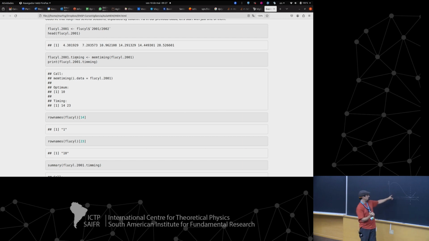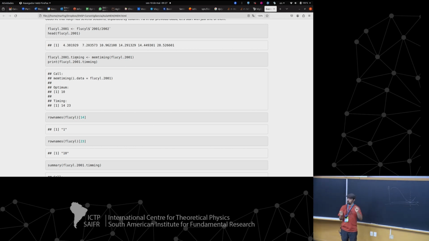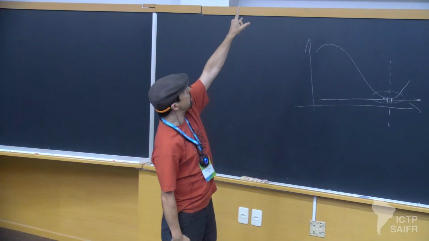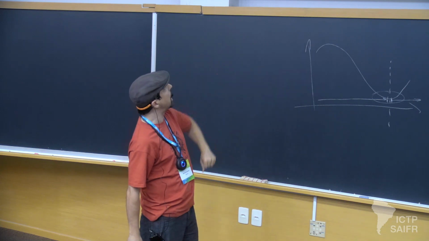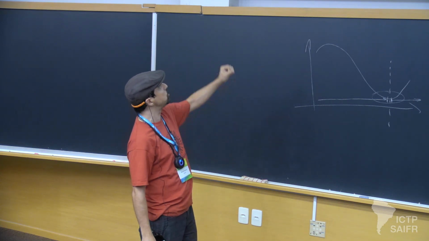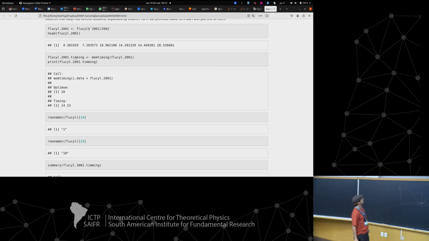Because for this data set, remember, the season does not start at week 1, rather it starts at week 40. So when we say it starts at row 14, we have to go back to our original data set to check which actual week row 14 corresponds to.